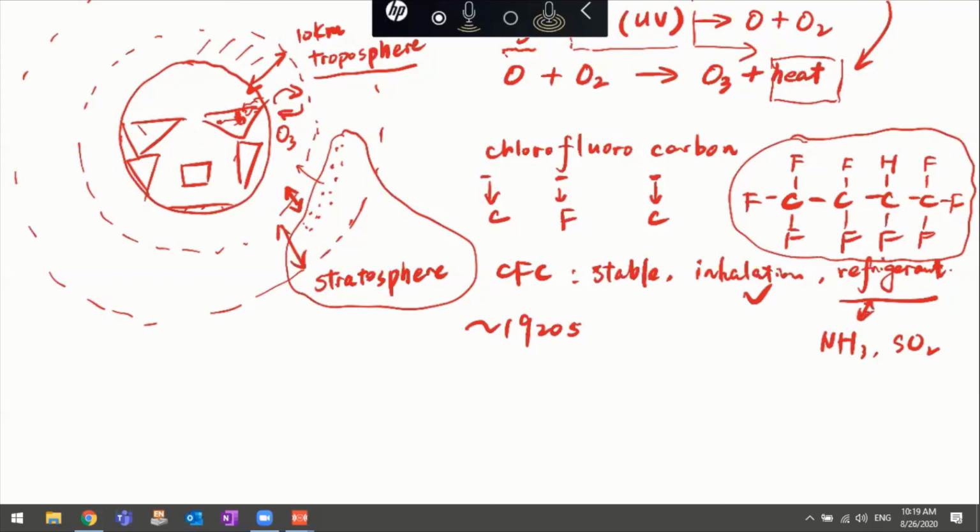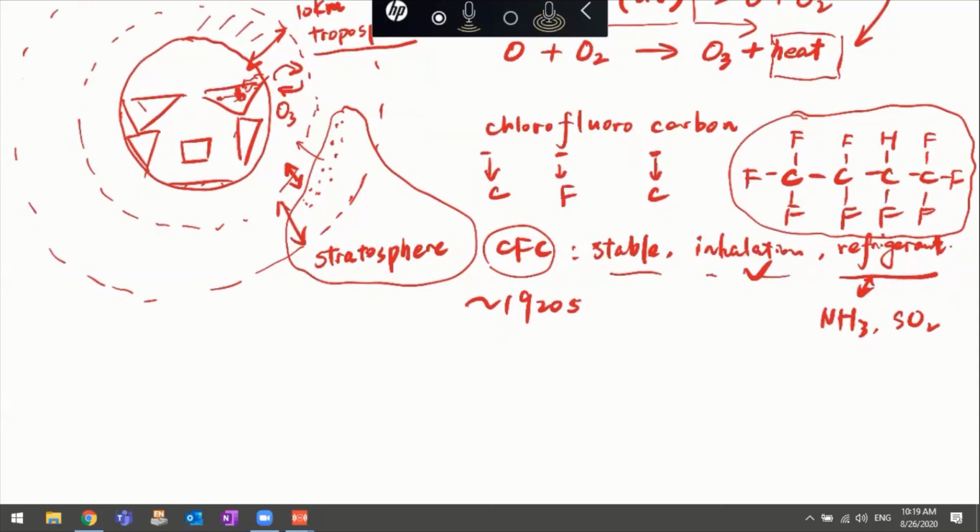If people inhale that, it's going to be bad for their health. So when people discovered that CFC can work as a refrigerant, they really liked it because it's very stable. It's okay to inhale these gas species. It's not very toxic.